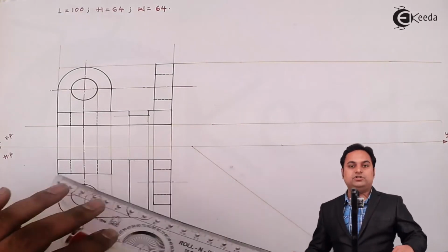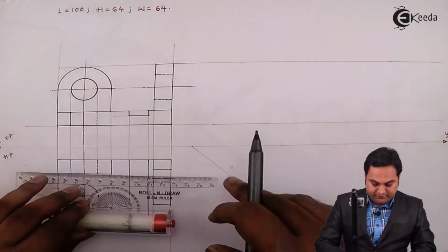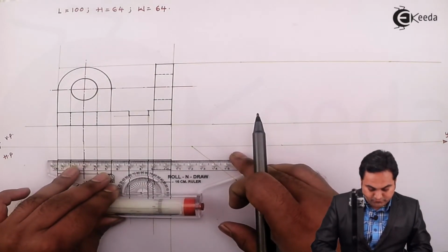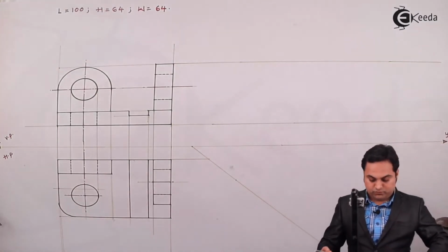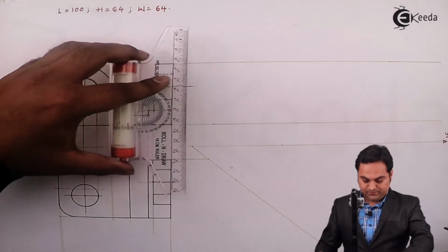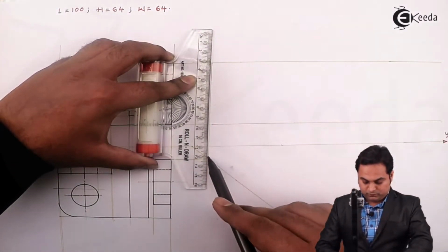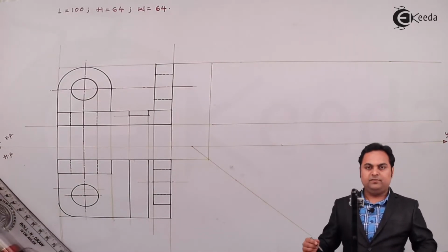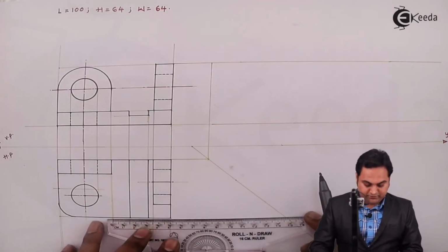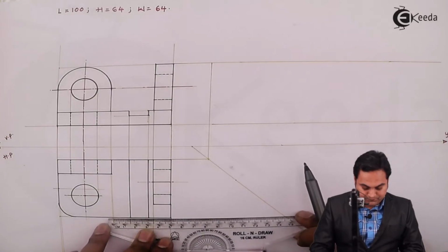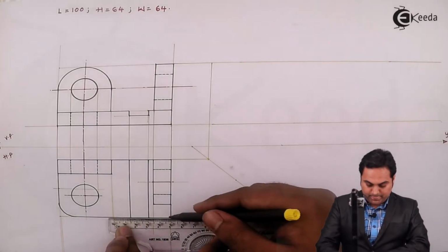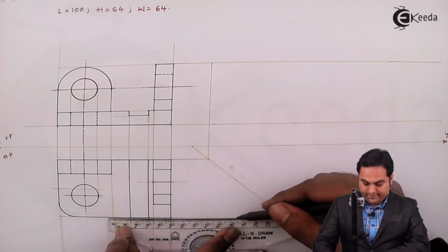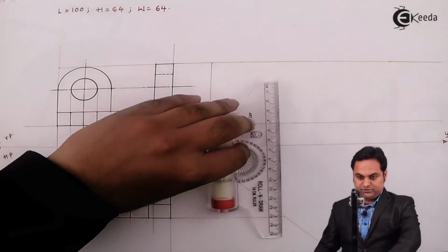Now we need to project the width into the side view. So I'm taking the width from the top view and transferring it from this 45-degree line up till here. Similarly, I'm going to take the width from the bottom, the total width, and transferring it upwards.